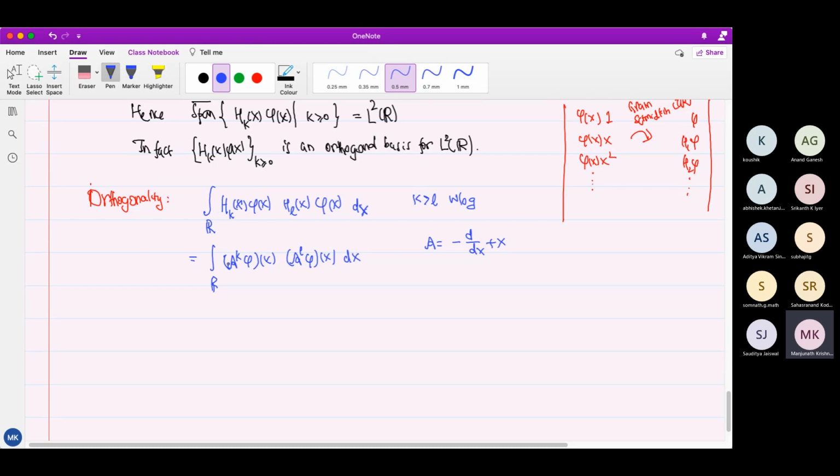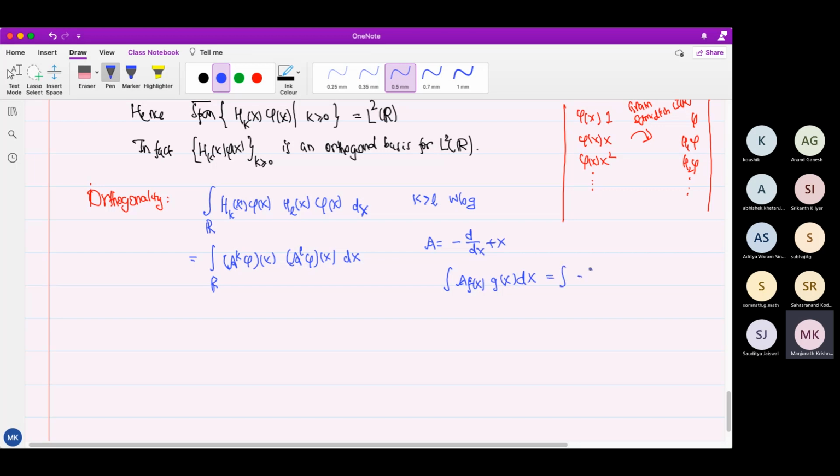To see that, what we do is we integrate by parts. But A is not just a derivative, it is derivative plus x. So let us make a small observation. If I have the integral of A f of x times g of x dx, what happens to that?